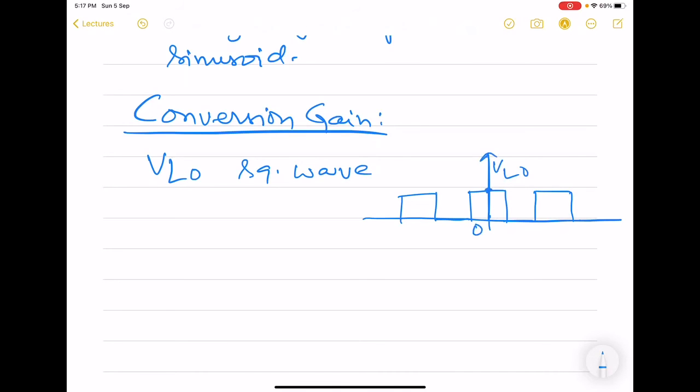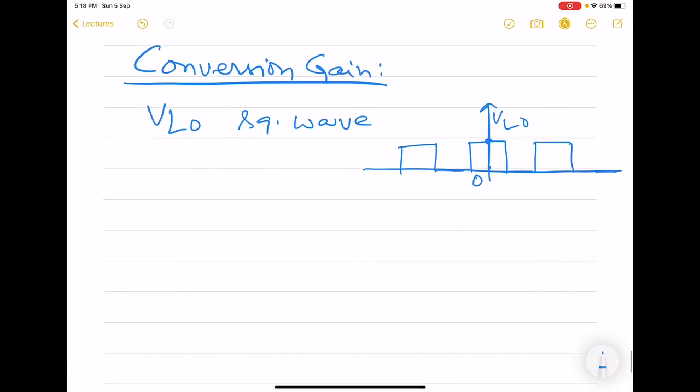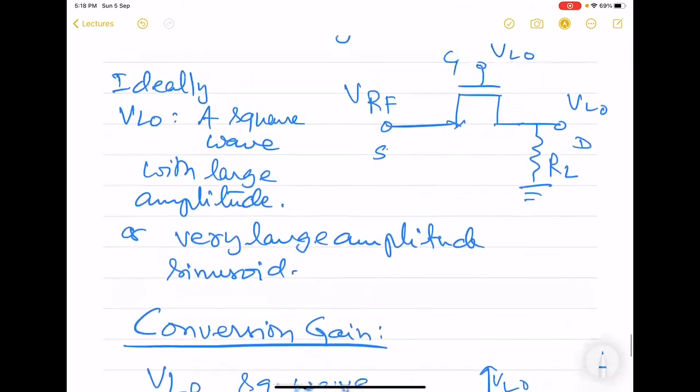So here the amplitude need not be 1. In fact, it should be significantly greater than 1. So for this duration, it is going to be on. And for this duration, this is going to be off, and so on and so forth. So this is how the MOS will behave.